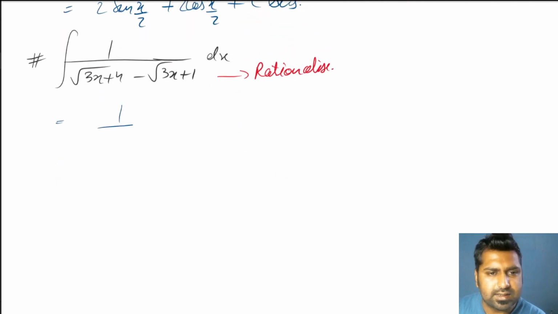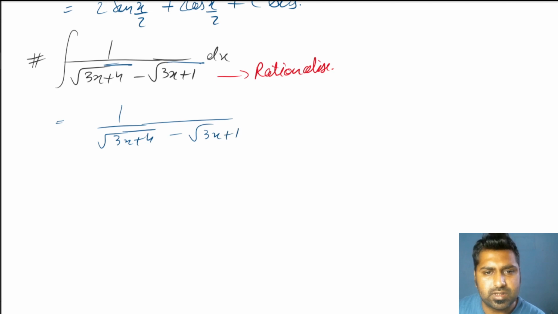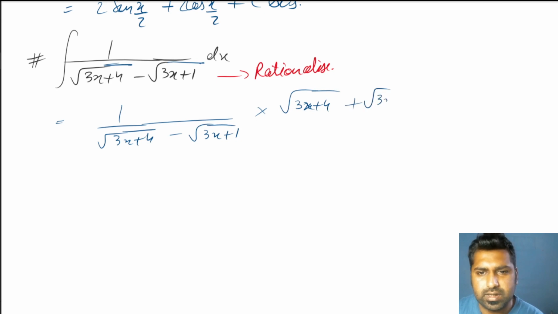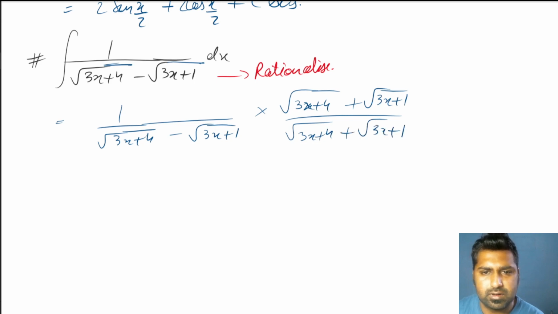So if we rationalize this, I'll write down the step. Root 3x plus 4, this is inside the square root, this is also inside the square root, minus root 3x plus 1, into root 3x plus 4 plus root 3x plus 1, divided by root 3x plus 4 plus root 3x plus 1.